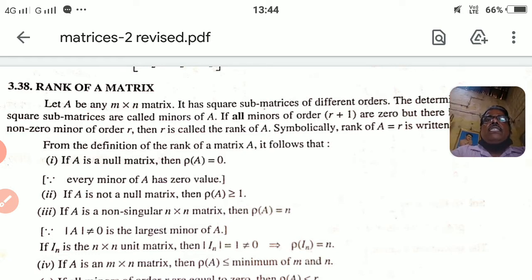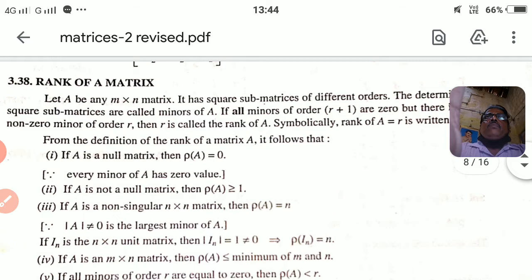So a rank of matrix is defined as follows. Let A be any m cross n matrix, right? Then we observe there are many square submatrices of different orders. Suppose any matrix is of order 5 cross 4, then we can see square submatrices of 2 cross 2 and of 3 cross 3.